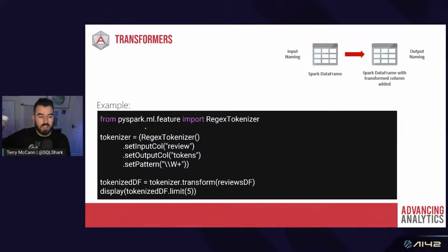Now, this input column, output column is typically what you'll see in both transformers and estimators, because with that data frame coming in, we're looking at a column that we're going to transform, and then we've got a new data frame coming out with our new transformed column attached to it, okay? So once we've done that, we will then call transform on it, and we'll create a new data frame. And then here at the bottom, it's just displaying the top 5 results coming out of that new data frame.